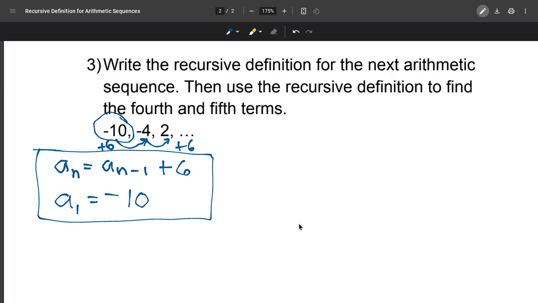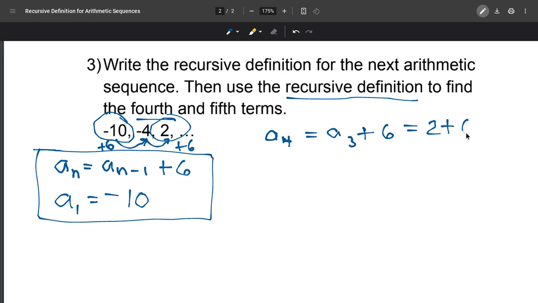All right, next up, we want to use the recursive definition to find the fourth and fifth terms. So we'll start with the fourth term. A sub 4 equals a sub 3 plus 6. So a sub 3 is 2, so it equals 2 plus 6, which equals 8.